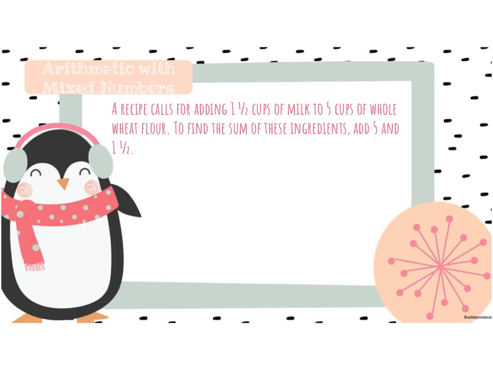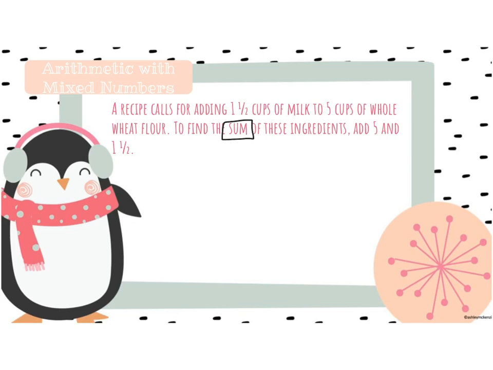A recipe calls for adding 1½ cups of milk to 5 cups of whole wheat flour. To find the sum of these ingredients, add 5 and 1½. So we're no longer dividing, we're now using mixed numbers to do what? Add. The word sum tells me that I'm using addition.